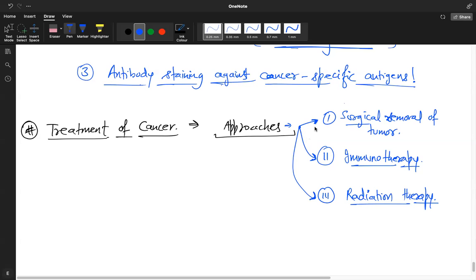Correct. There is one kind of chemical which can be asked in your NEET, alpha interferons. Just know the name. Alpha interferons are immune system activators.